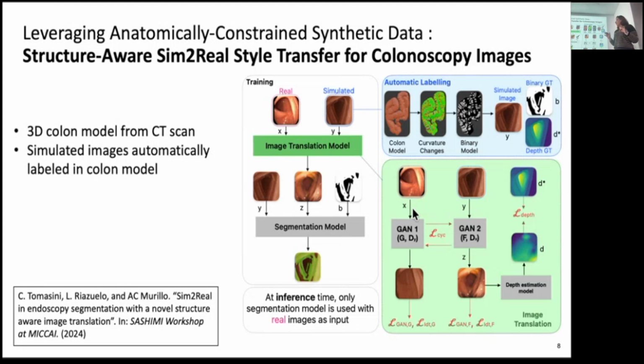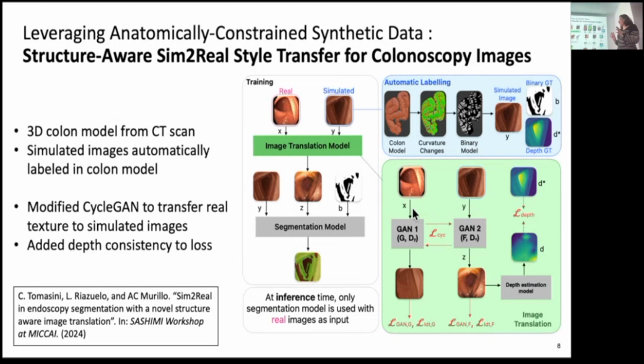It looked perfectly realistic, but all the folds were moved. So what we did to improve the structure of the images is that we added depth consistency to the loss terms in the CycleGAN training.